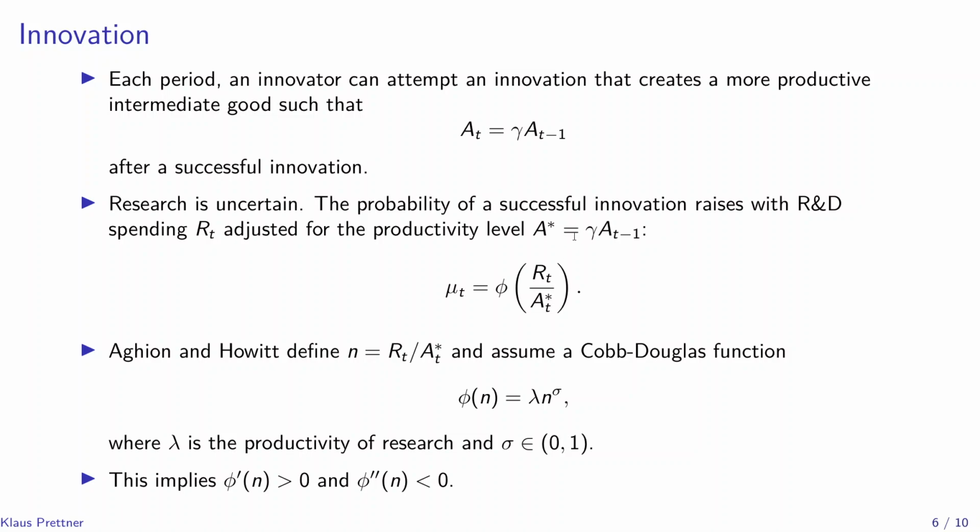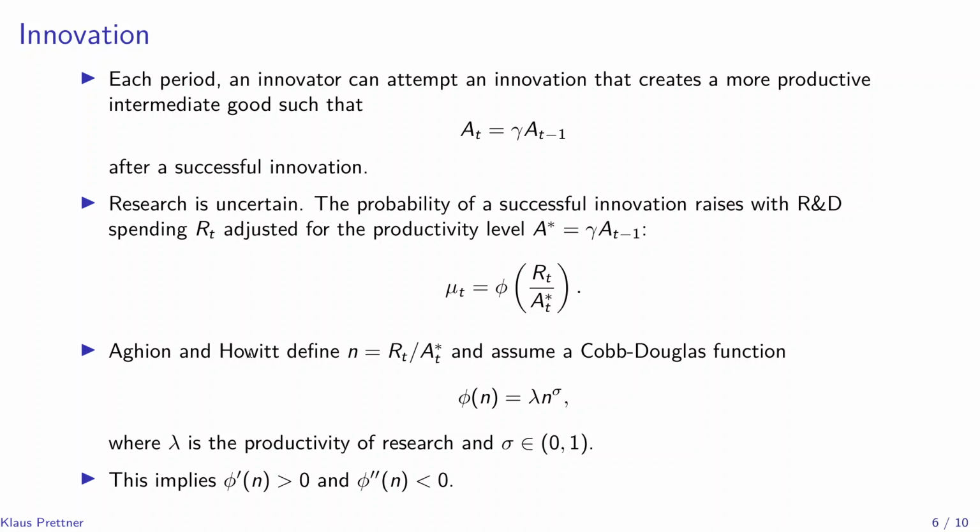Now A_t star is the productivity level if the innovation was successful, so that's gamma times the previous period's productivity level. Mu_t is the probability of a successful innovation, and phi is a function that depends positively on this research expenditure normalized by the productivity level in the economy, or the state of technology.